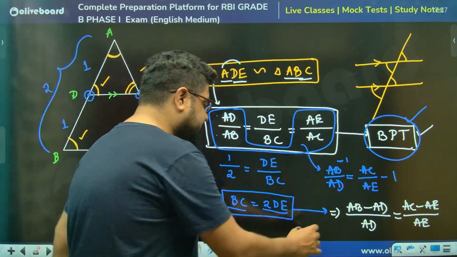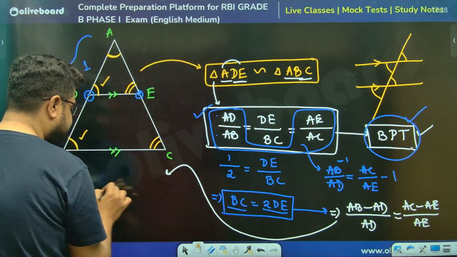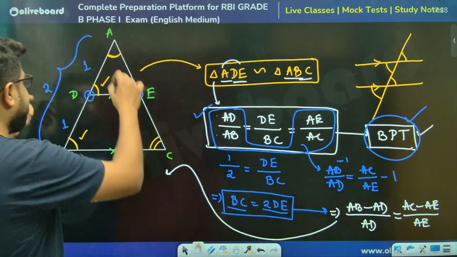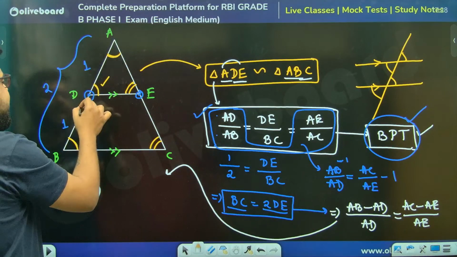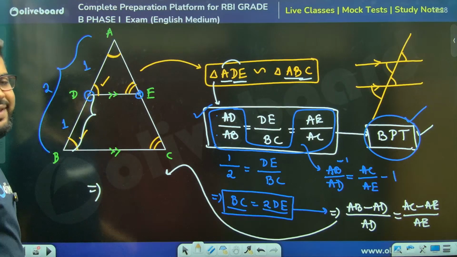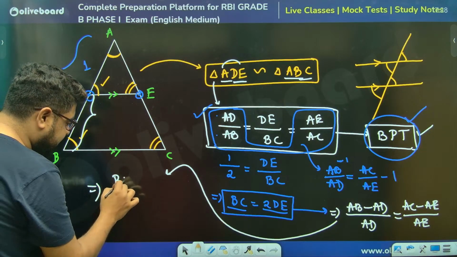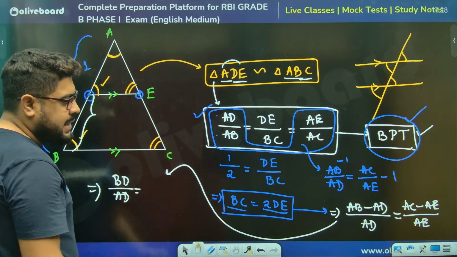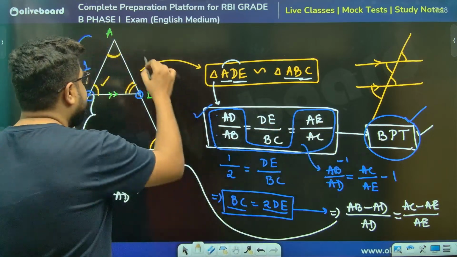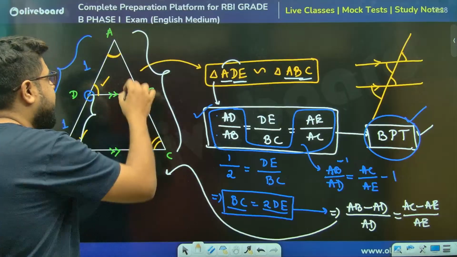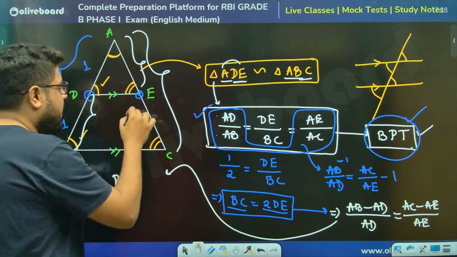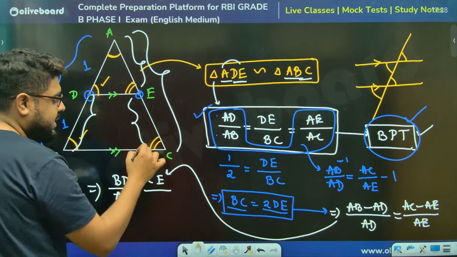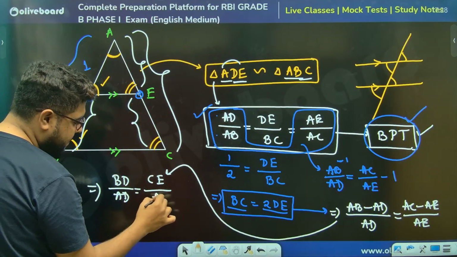Look at the diagram and tell me what does it give? AB minus AD. AB is the whole thing, minus AD means I'll get BD. So BD by AD, and AC minus AE. AC was the whole part, minus AE is this part, so I'll get CE by AE.